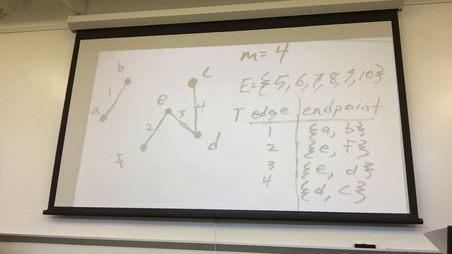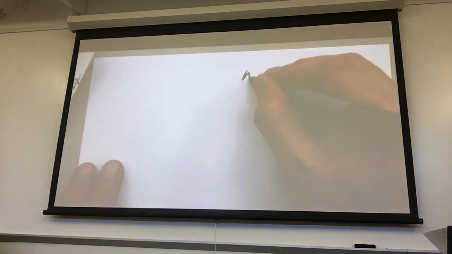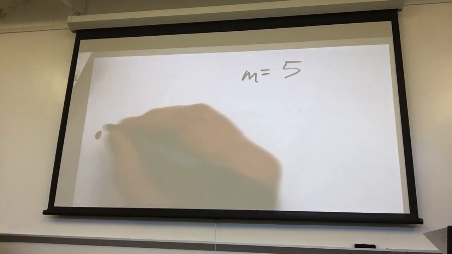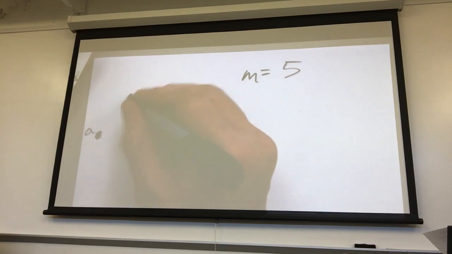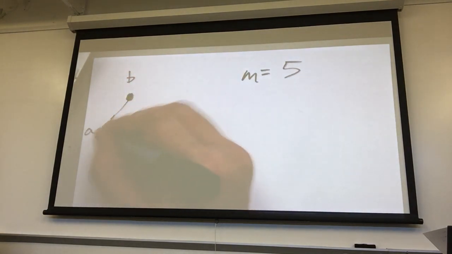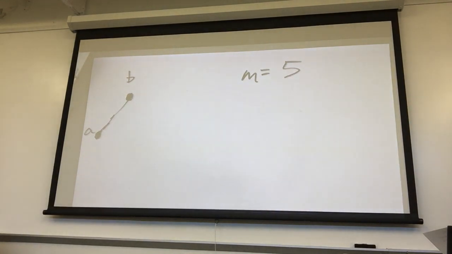So, for m which equals 5, we would have A is connected to B, that connection, and then where was that?